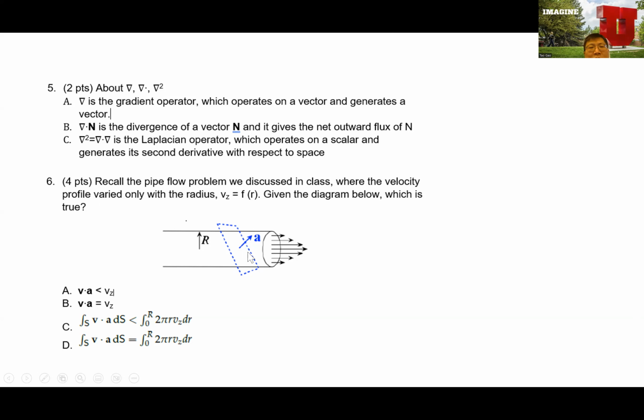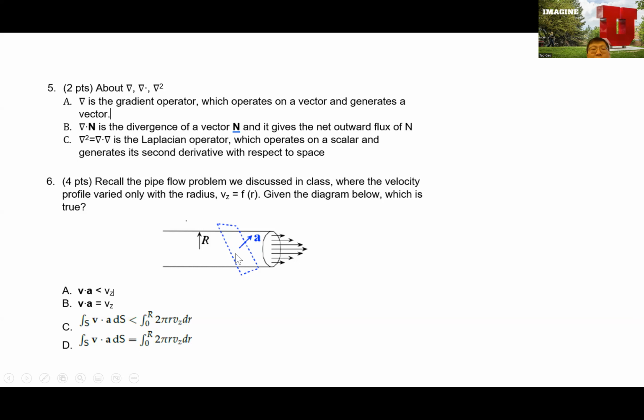The V vector is pointing in the direction parallel to these arrows. And in this pipe problem, if we cut the cross section in a random direction, A is the normal direction of this cross-sectional plane. So this A vector is not necessarily parallel to the velocity of the fluid. In this particular case, it's not.